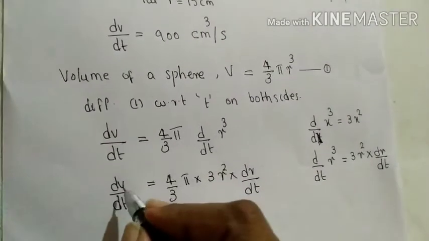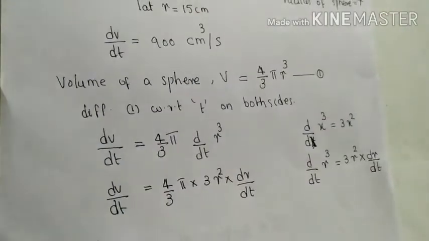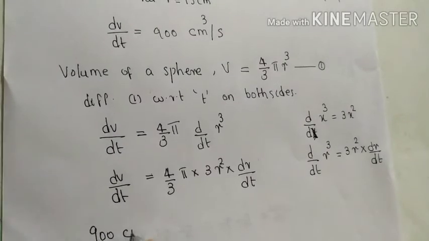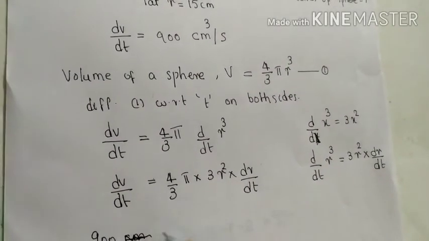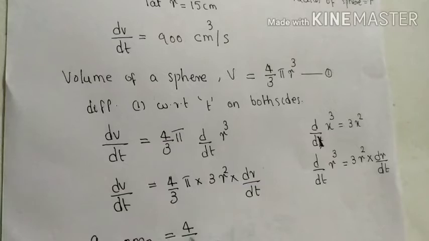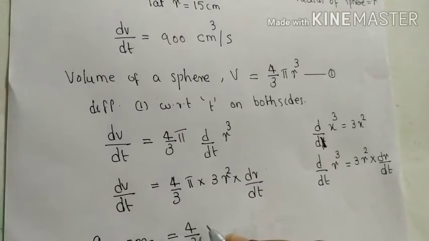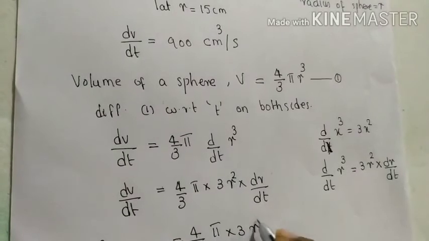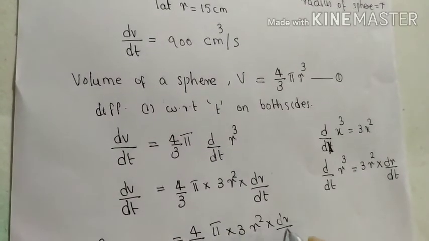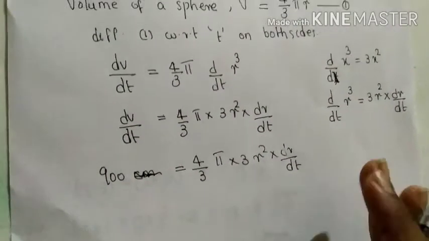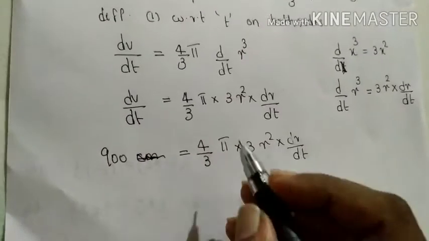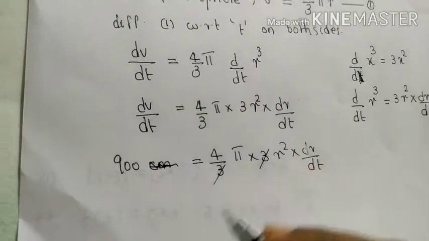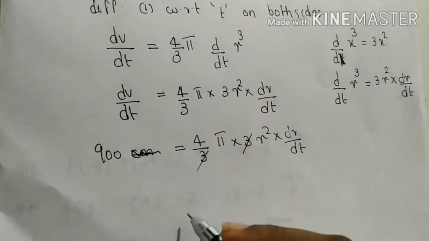Given that dV by dt equal to 900, substituting the value of dV by dt as 900, we get 900 equal to 4 by 3 pi into 3r square into dr by dt. Here these 3s will cancel each other.